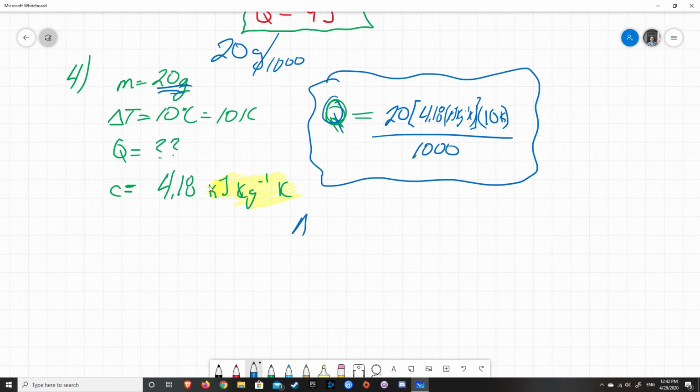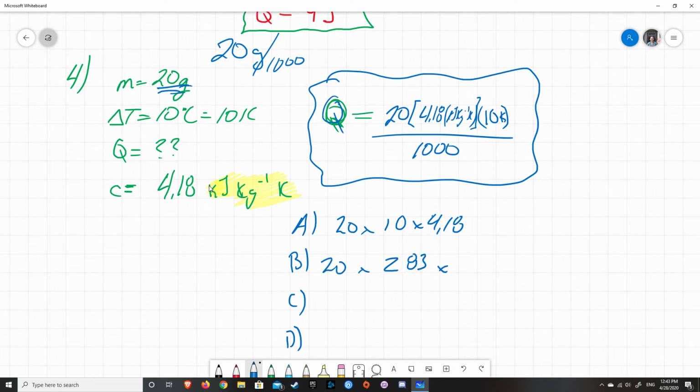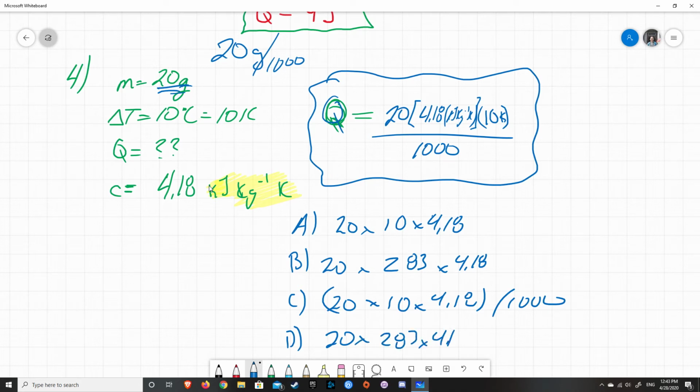It wants to know whether your answer is going to be A, B, C, or D. A is 20 times 10 times 4.18. The second one, we've got 20 times 283 times 4.18. That seems a bit wrong. The third one, we've got 20 times 10 times 4.18, all divided by 1,000. And then the last one is 20 times 283 times 4.18 divided by 1,000.